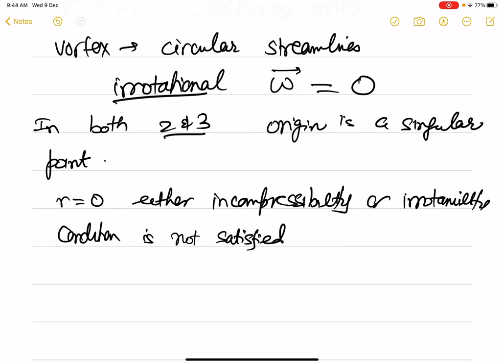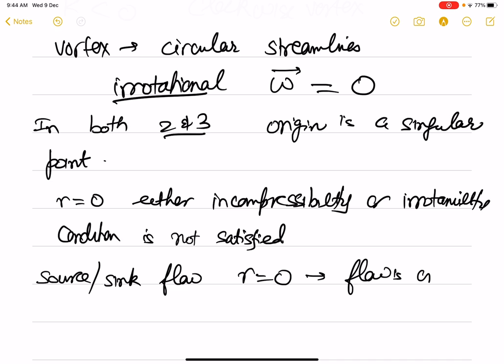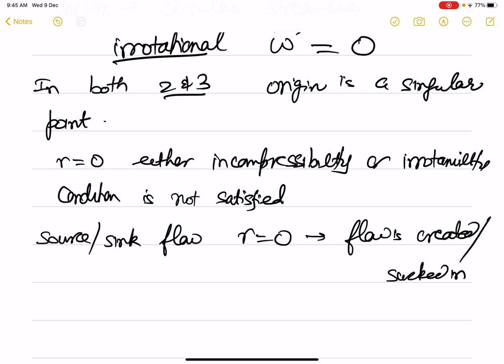That means, if we look at the source or sink flow at r is equal to 0, the flow is either being created or it is being sucked in. So there is some sort of mass generation taking place at r is equal to 0.